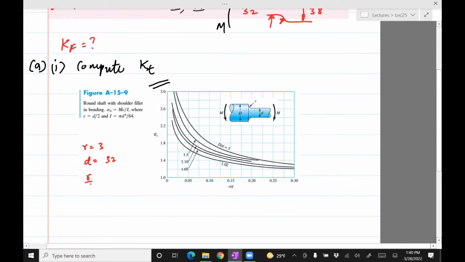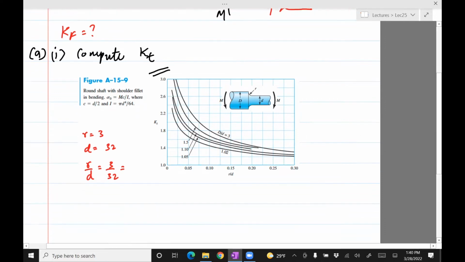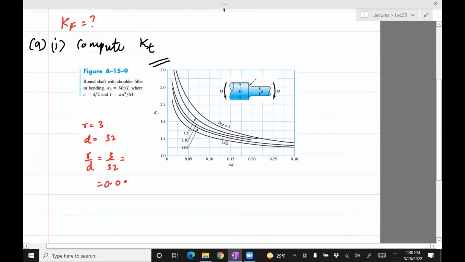So r divided by d is 3 divided by 32. That is 0.09375. So it's very close to 0.1.